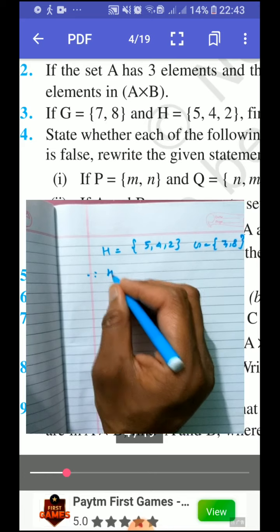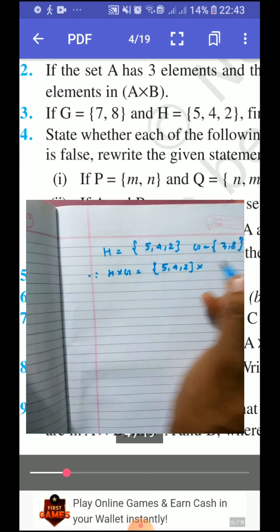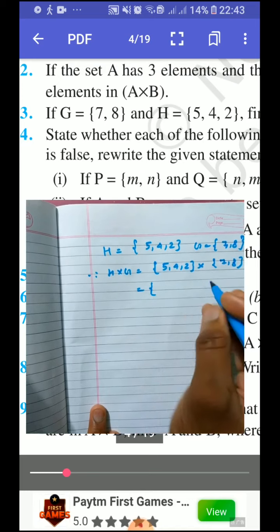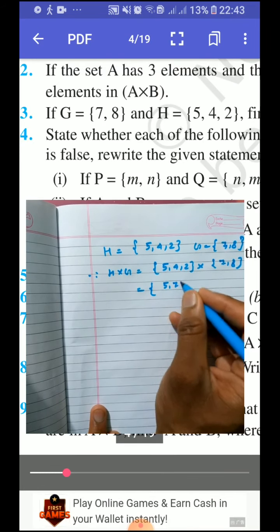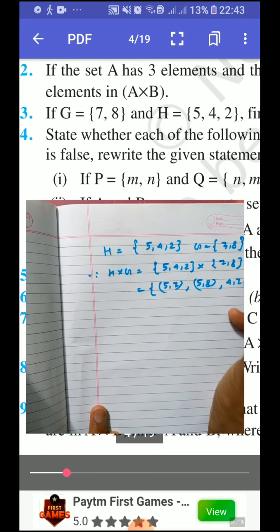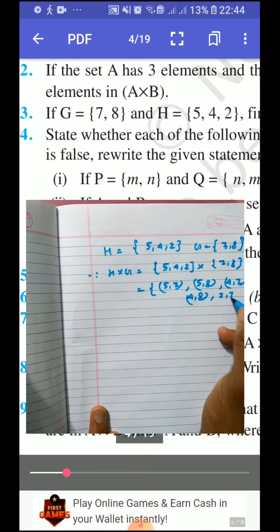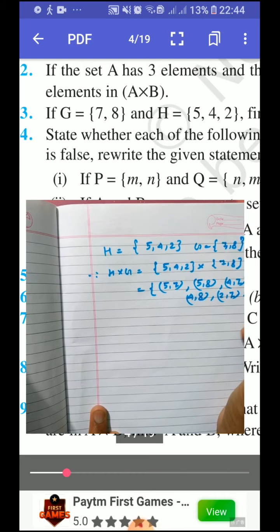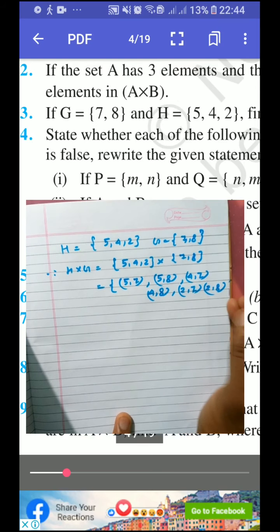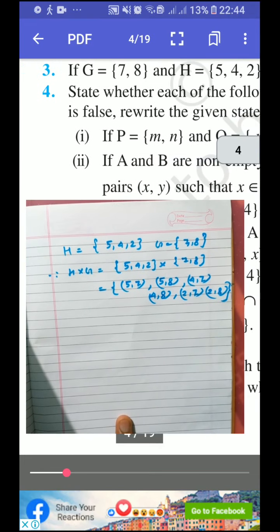So H Cartesian G equals {5, 4, 2} Cartesian with {7, 8}, which is (5, 7), (5, 8), (4, 7), (4, 8), (2, 7), (2, 8). This is H Cartesian G. Right?